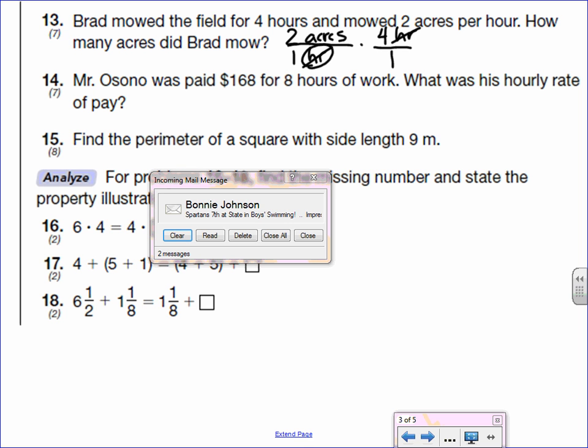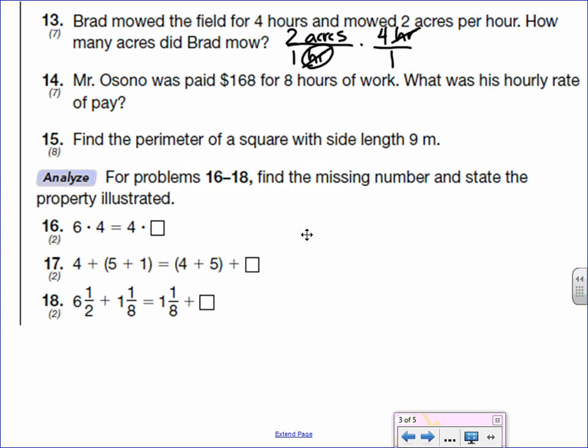And then that'll just be over 1 since it's just straight 4 hours. And then multiply anything on top. 2 times 4 is 8 acres.